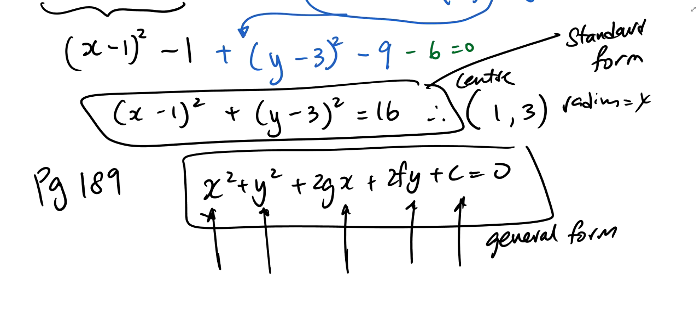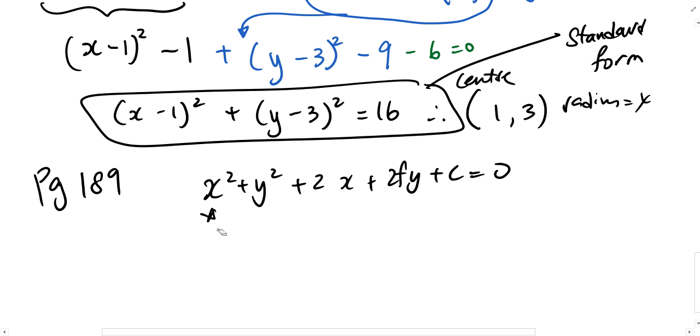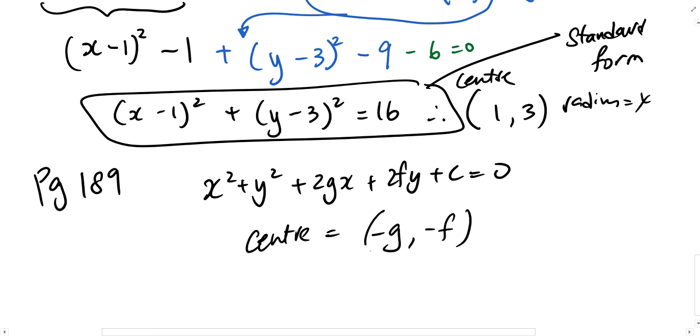As long as you are given general form, you take the coefficient of x, you take the coefficient of y. In this case, coefficient of x is 2g. Coefficient of y is 2f. The center is, from here straight away, negative g, negative f. That is why they chose to write it this way.